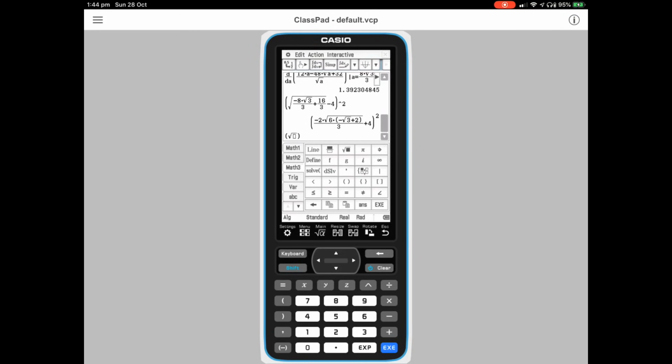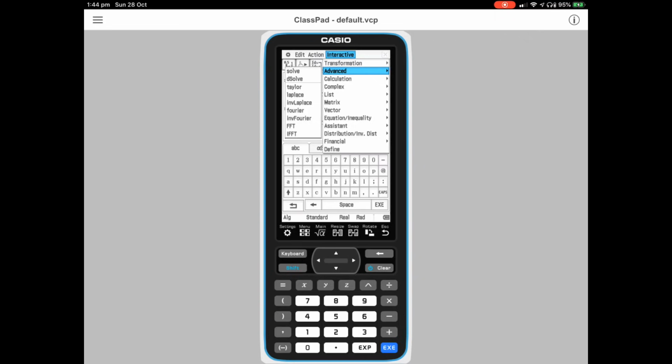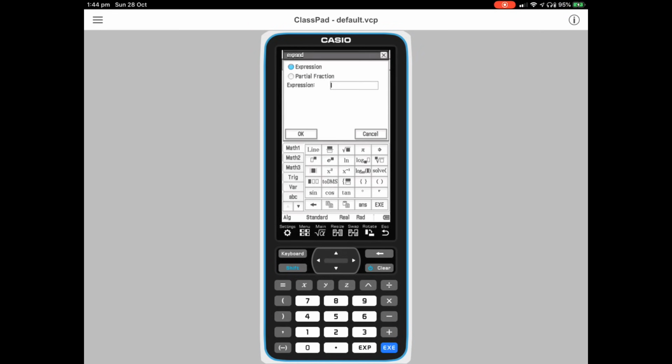So the square root of A minus 4 squared, given, simplify. Try expand.